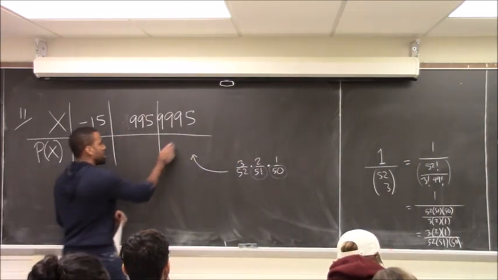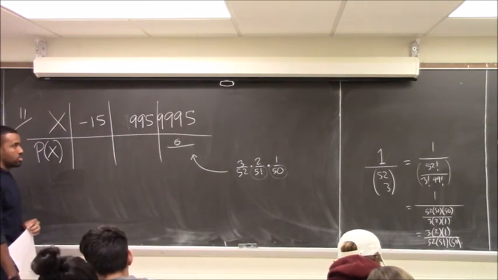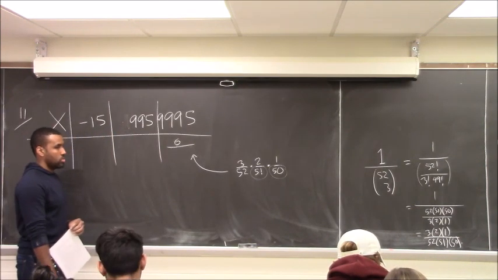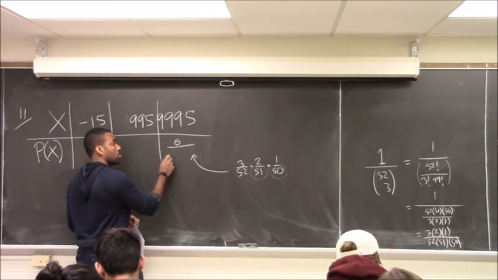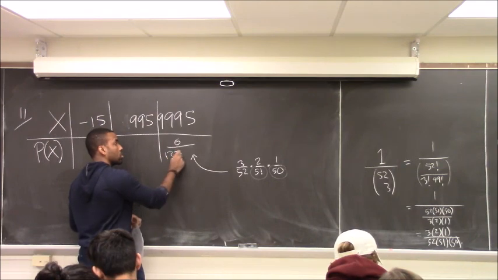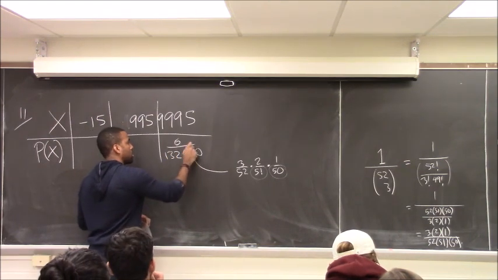So we get 6 out of 132,600. There's more than 1. Like that? Yeah.